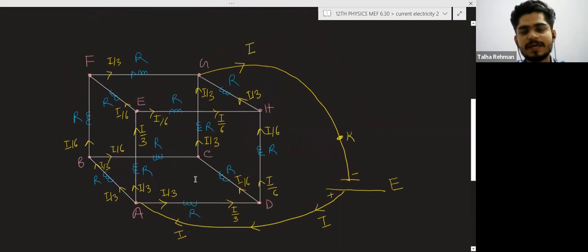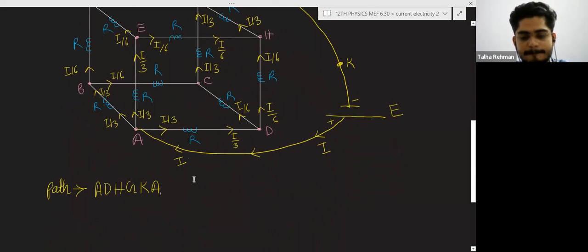So now apply KVL. From A to D, this is I_Y3, and you are moving in the direction of current.